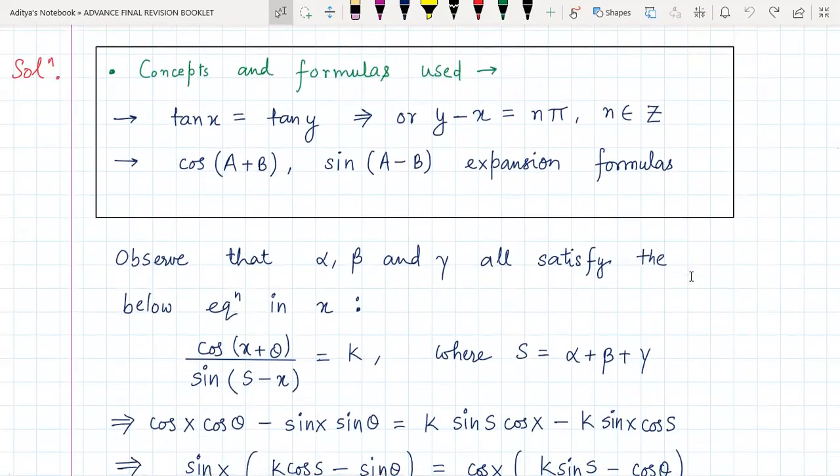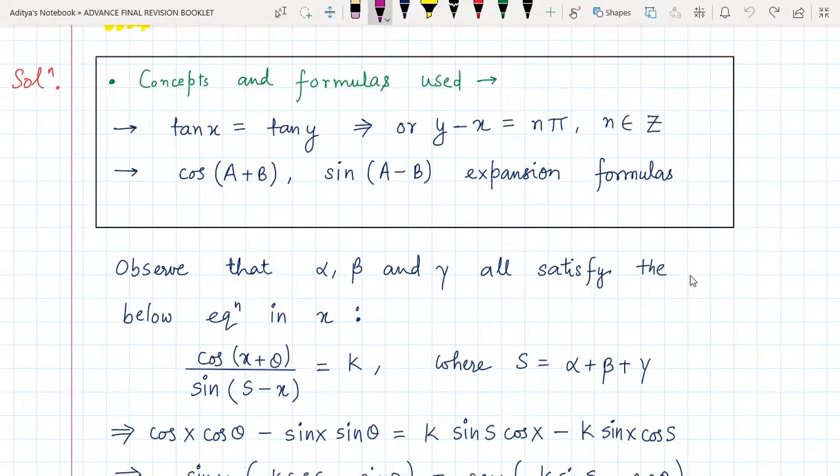Observe that alpha, beta, and gamma all satisfy the given equation in X. This is probably the most important part in the entire question, because after that the question is pretty easy. Observing this fact might have been the toughest thing for the students to do. Now, alpha will satisfy this equation in X, beta will also satisfy, and gamma will also satisfy.